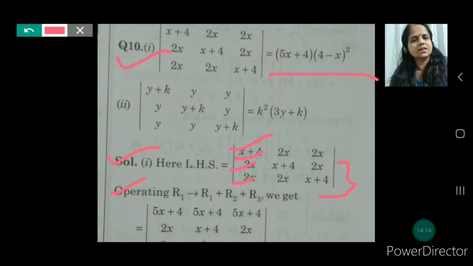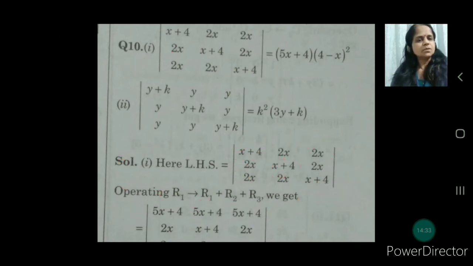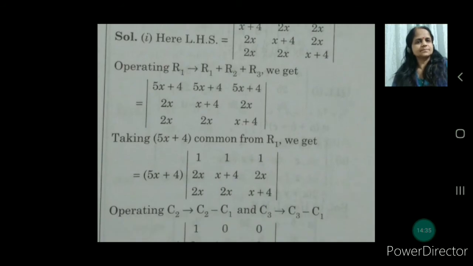Okay. So you will get 5x plus 4. Same for the second element, 2x plus x plus 4 plus 2x. So you will get 5x plus 4, and same for the third element, 2x plus 2x plus x plus 4. So you will get 5x plus 4 and the remaining 2 rows remain unchanged.